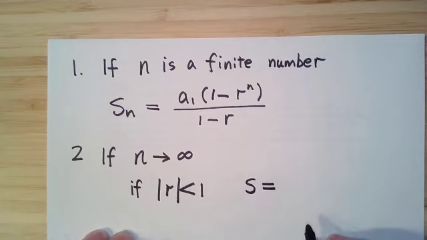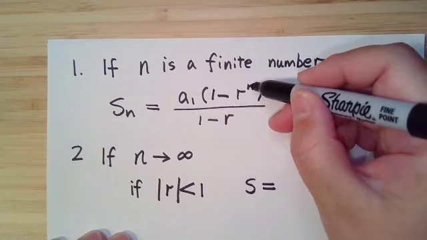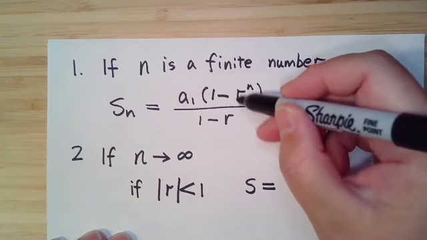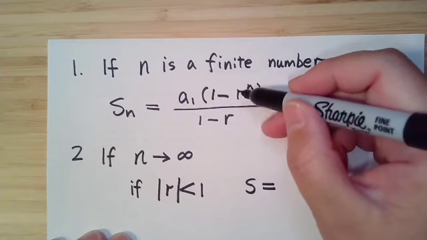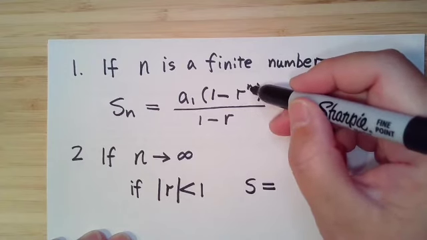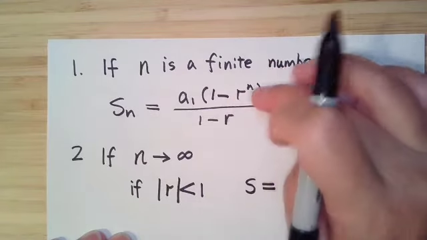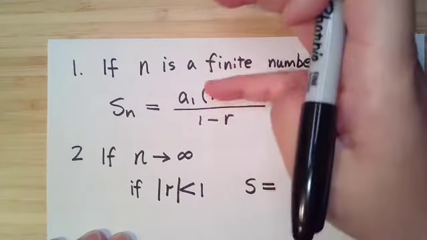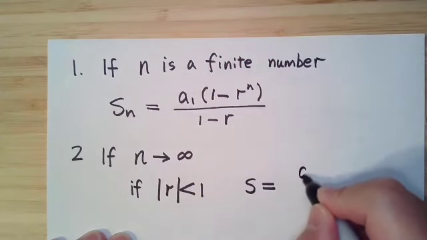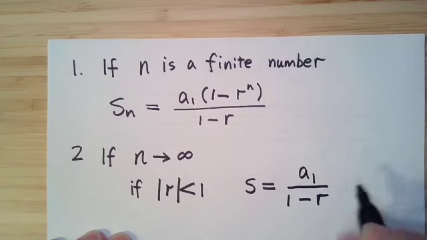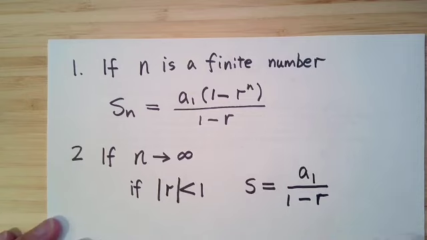So if the absolute value of r is less than 1, and n is a huge number, any number whose absolute value is less than 1, multiplied by itself many times, will approach 0. So 1 minus 0 approaches 1. So this part becomes 1. So the answer will be A1 over 1 minus r.